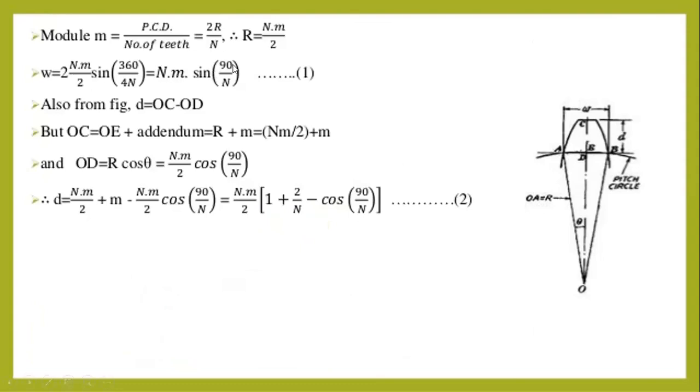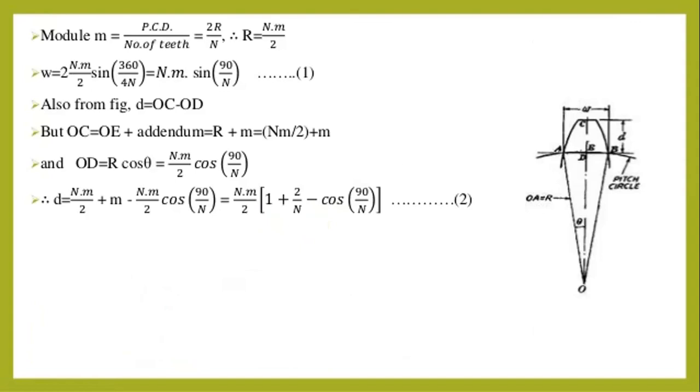So by considering this module, we are going to take module m is equal to the pitch circle diameter divided by the number of teeth.